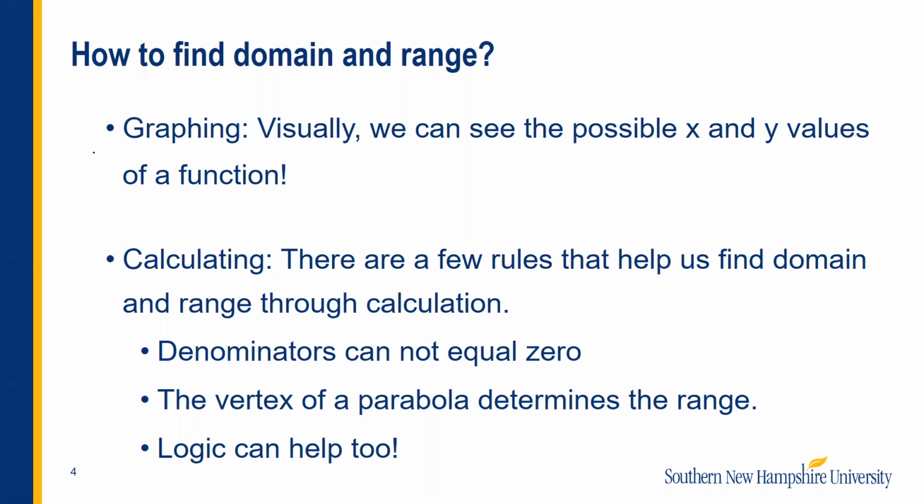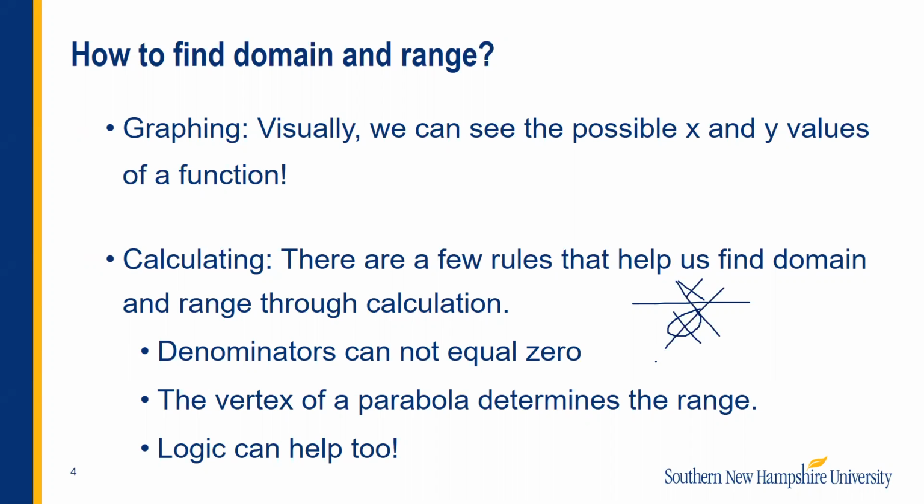You can also solve by calculating. There's a few rules that help us find domain and range through calculation. So remember, denominators cannot equal 0. The bottom of a fraction cannot equal 0 because you can never divide by 0. That can never happen.